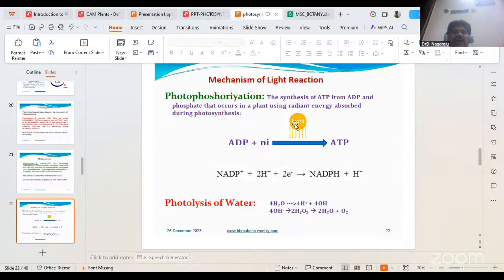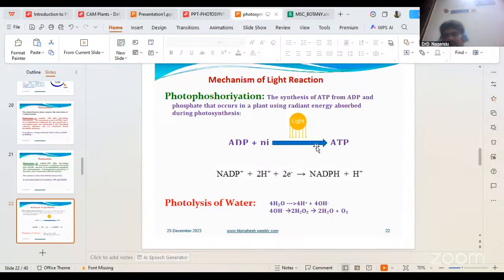That process we call photophosphorylation. What process is it? Photophosphorylation. Here ATP synthesis is happening using phosphate.